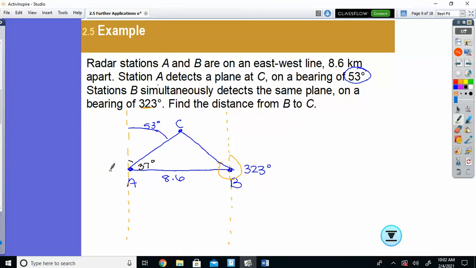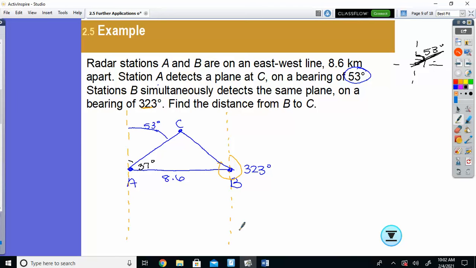I told you that this part of the angle was 53, so to find this, we just did 90 minus 53.